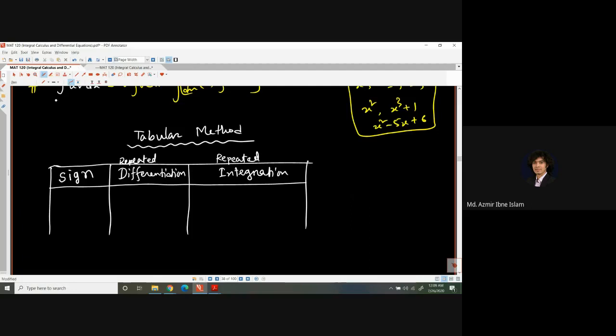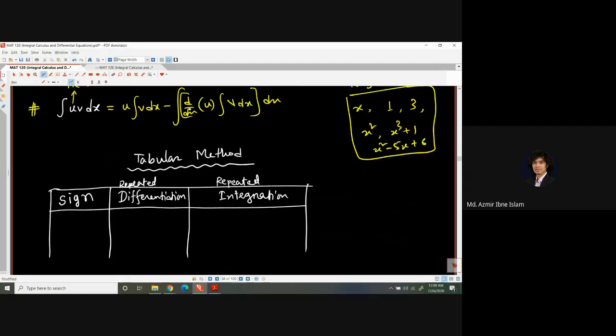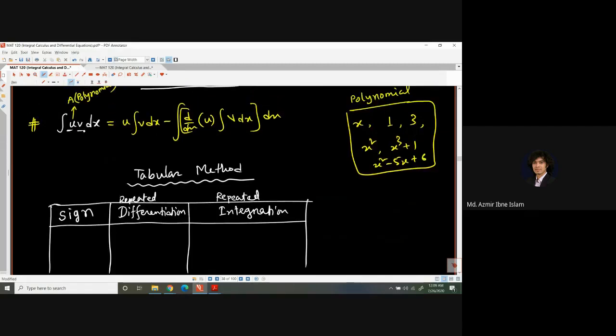Okay, so you can see that we have u and v here. Remember, u will be placed in the second column, that is under the repeated differentiation column, and v will be placed in the third column.